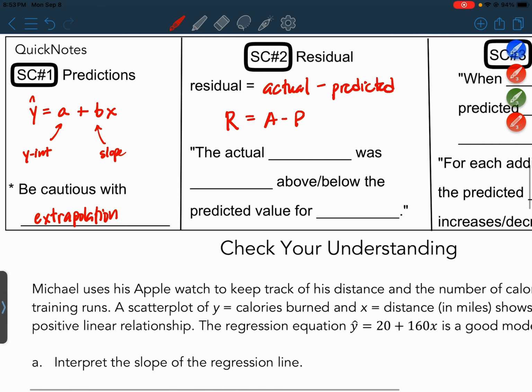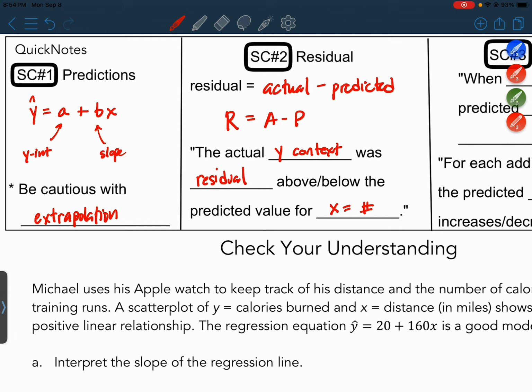All right, now here in our notes we have a template that you can use to interpret a residual. So we would say the actual y context was, you would put the residual value there, and then above or below, depending on if the residual was positive or negative, the predicted value for when x was equal to a certain number.